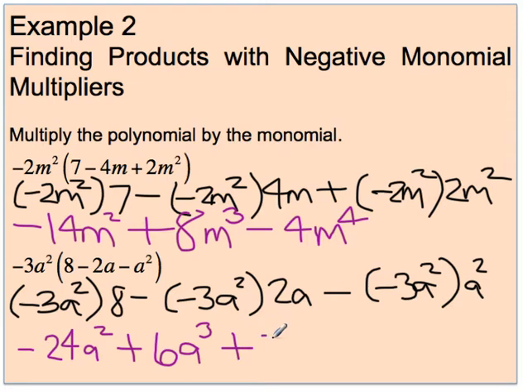And we have 3 times a squared times a squared, so that's going to give us 3a to the 4th power. So our final answer for the second question here is negative 24a squared plus 6a to the 3rd plus 3a to the 4th.